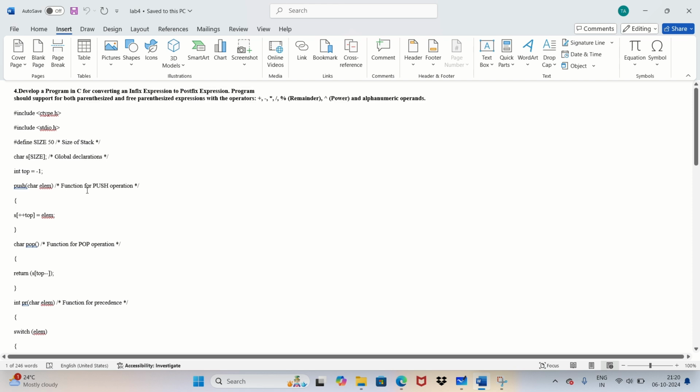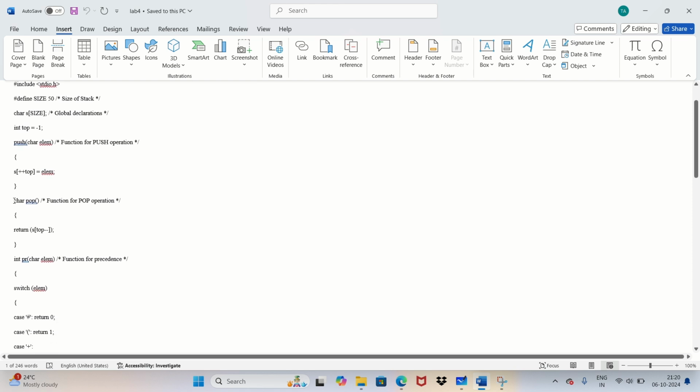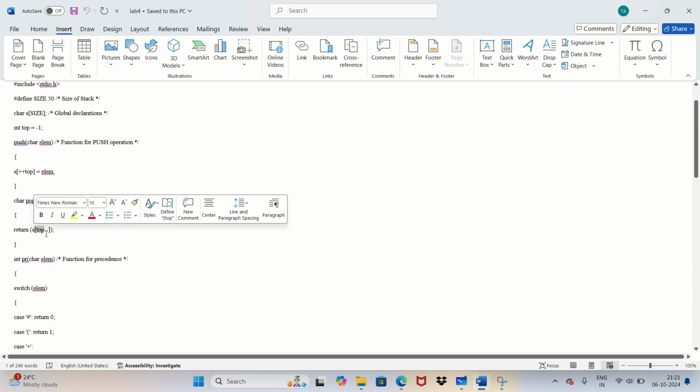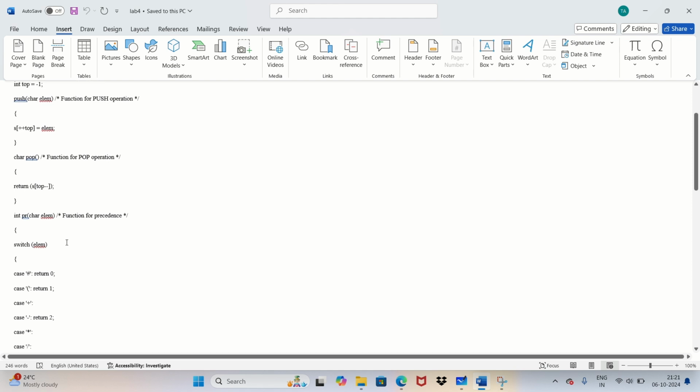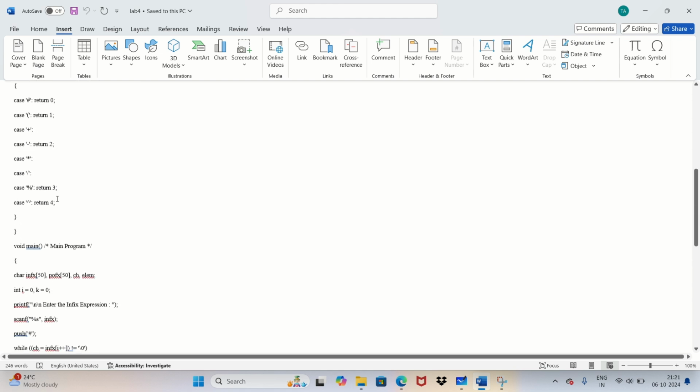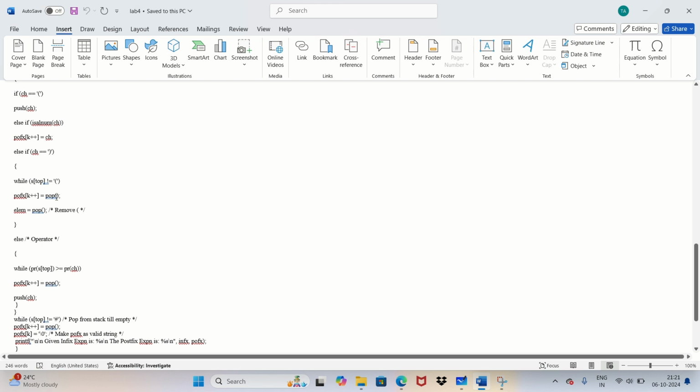What does the pop function say? Pop function says take the topmost element of the stack and then do top minus minus. Return the topmost element of the stack, then do top minus minus and go to the next element. Now here we were checking the priority.